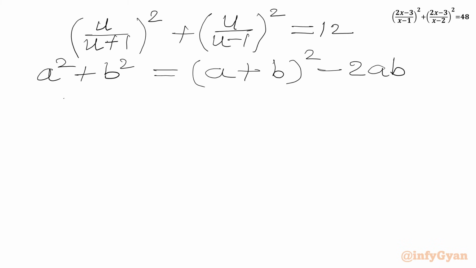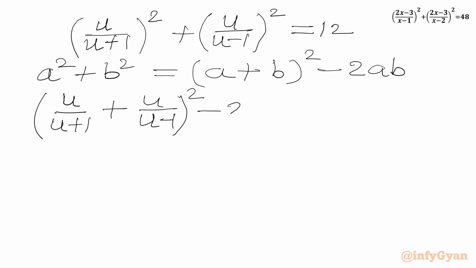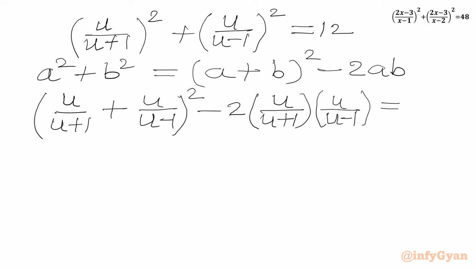So I will use this identity and write here (u/(u + 1) + u/(u - 1)) whole square minus 2 times u/(u + 1) times u/(u - 1) equal to 12.